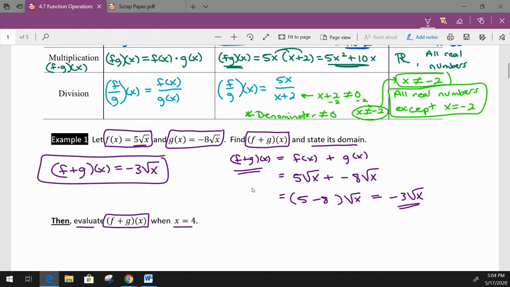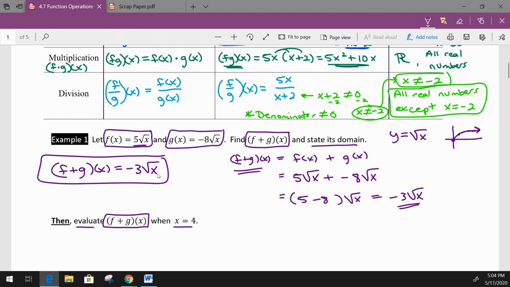All right, now as far as the domain, when you think of a square root function, if you think of the parent, y equals square root of x, the parent function has a graph that starts at (0, 0), (1, 1), (4, 2), and it keeps going off to the right forever and ever. The -3 will reflect it over the x-axis and stretch it by a factor of 3.